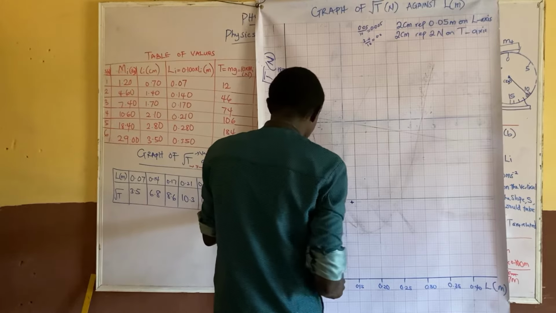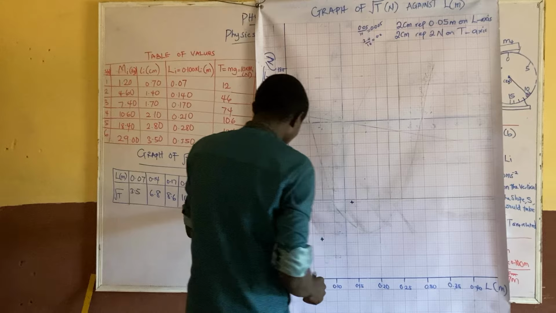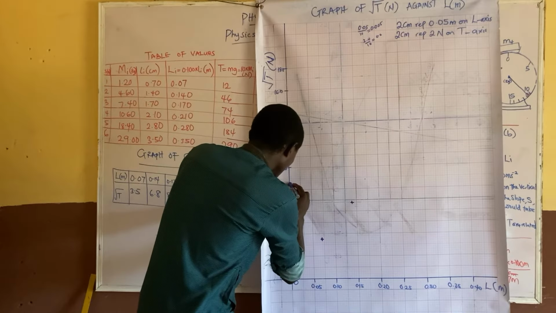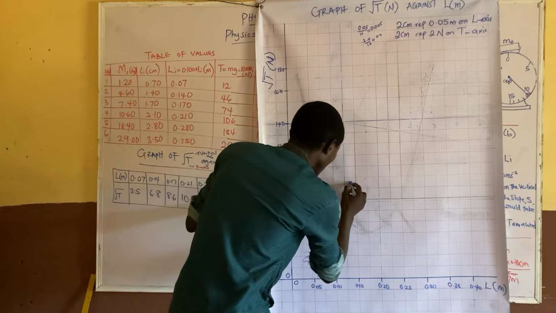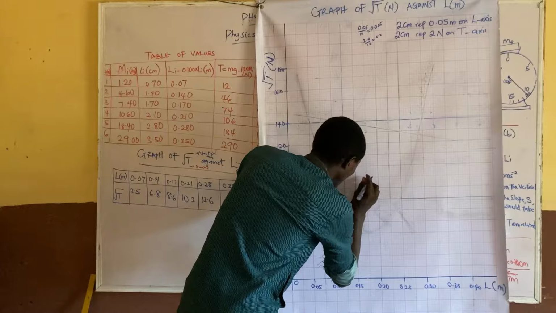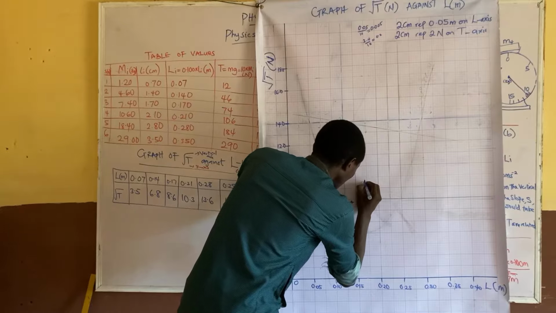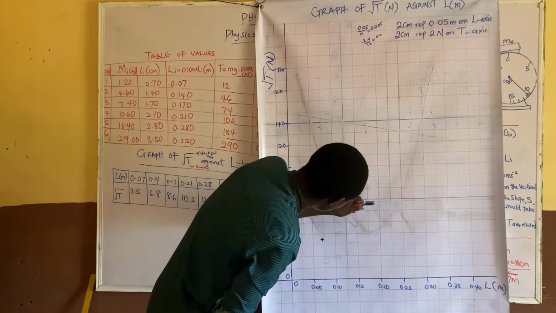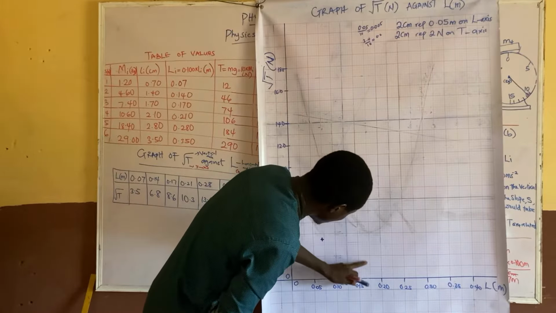Now this 8, 8.2, 8.4, 8.6. So 8.6 will be around this place. So you can see 8.6 against what?